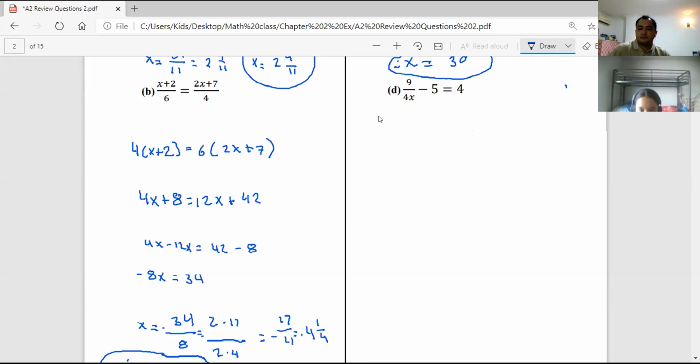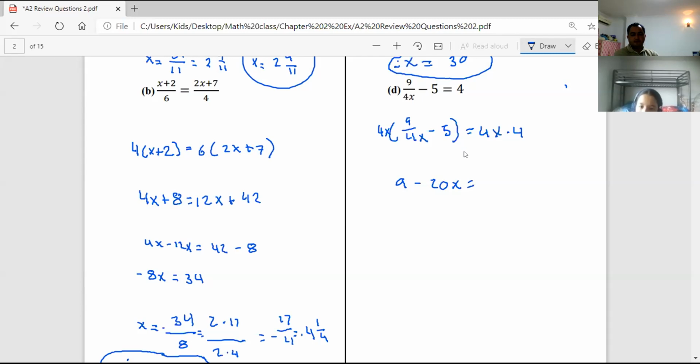So we'll multiply 4x by 9 over 4x minus 5 equals 4x times 4. That'll be 9 minus 20x equals 16x.